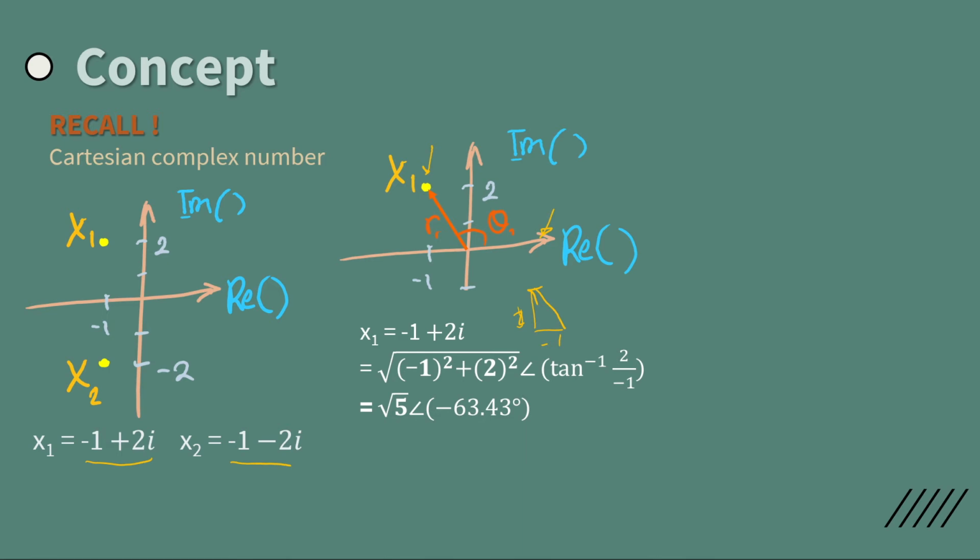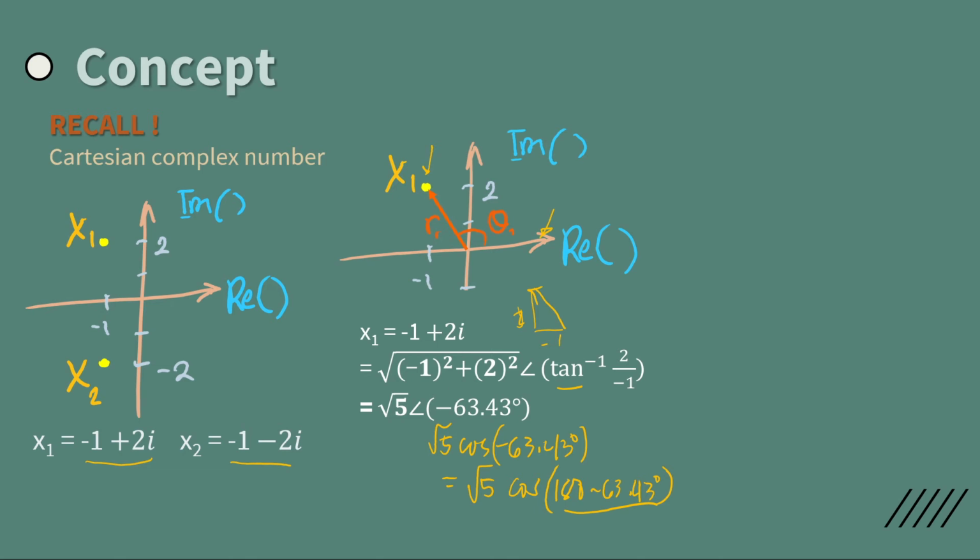Okay, so just follow this arctangent. And you don't need to worry about whether you need to add the 180 or not. Okay, so it can be represented like that. If you just add 180, these two angles are the same. Because if you want to convert, for example, square root of 5 cosine -63.43, this is equal to square root of 5 cosine of 180 minus 63.43, which is the actual angle, but the two are the same.